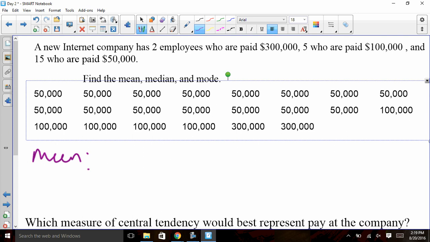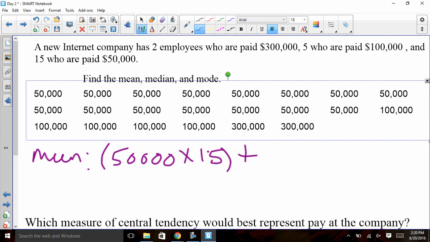Now, let me teach you a little trick if you haven't done so already. With the graphing calculators, you can add and multiply at the same time. So what we're going to do is hit the parenthesis button. We're going to hit 50,000, and we know that we had 15 of those. So we're going to take that times 15, and then close that parenthesis.